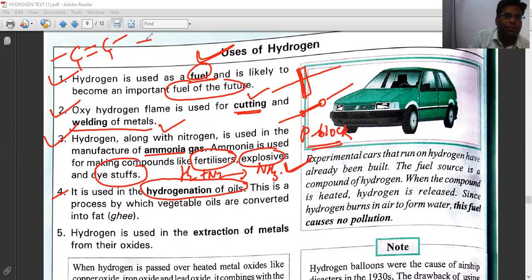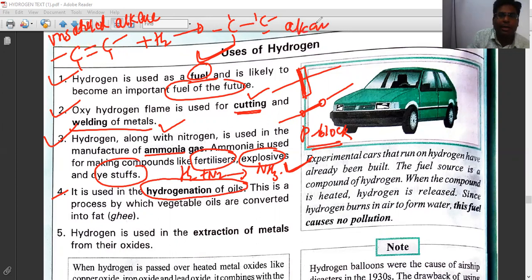So when it reacts with hydrogen, this will be converted into the single form. So you can say that unsaturated carbon or alkene is converted into alkane, single bond. In a simple manner, the double bond is converted into single bond. That is called hydrogenation of oil.